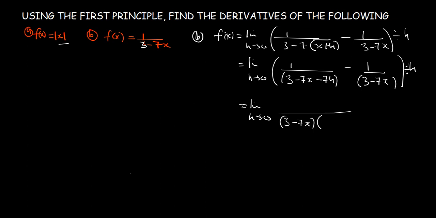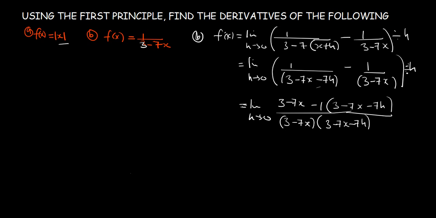Then we have also 3 minus 7x minus 7h, like that. Okay, then we multiply there. That will be just 3 minus 7x. Okay, minus 1, open bracket, we bring this function there. So we're saying 3 minus 7x minus 7h, like that.